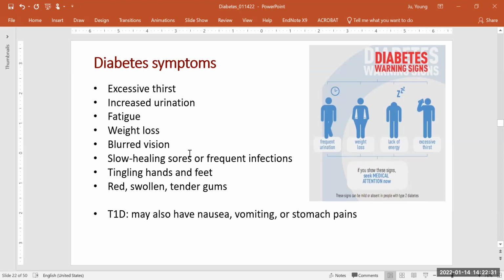When injured or cut, there may be a slow healing process and more frequent infections, numbness or tingling in the hands and feet, and reddish, swollen, and tender gums. Those are the common symptoms. In addition to these symptoms, people with type 1 diabetes may also have nausea, vomiting, or stomach pains.